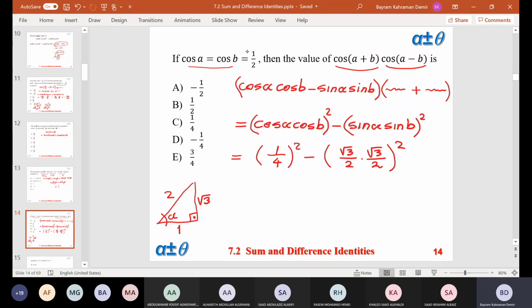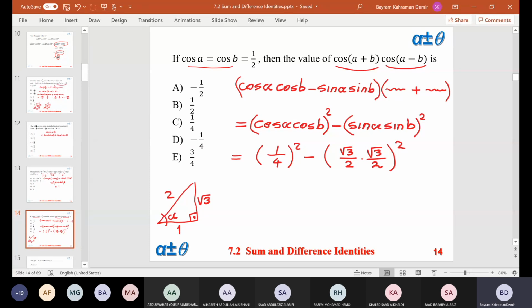So maybe A and B are in the first quadrant because cosine is positive, or maybe in the fourth quadrant, where cosine is also positive. But in the fourth quadrant, sine is negative. Well, it doesn't matter because we are going to multiply and take the square. So whether sine is positive or negative, we are not worrying about that because we have a square here: sine A times sine B squared.